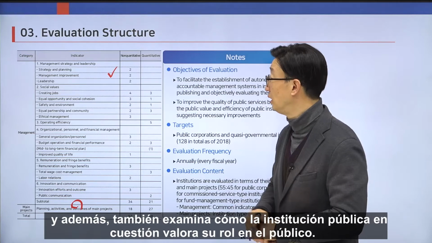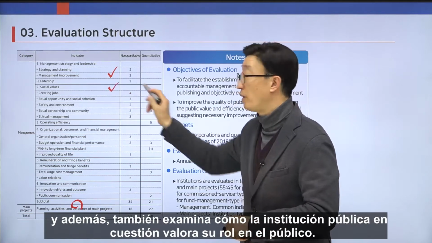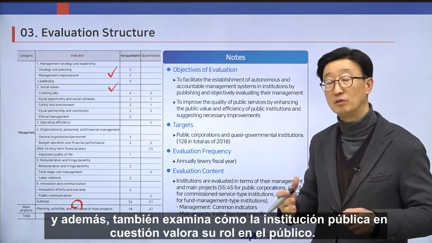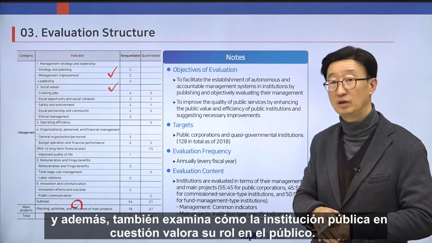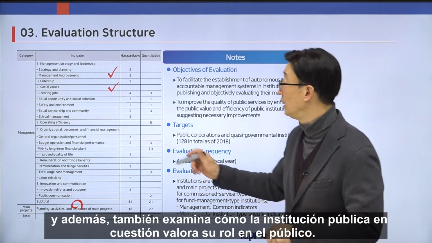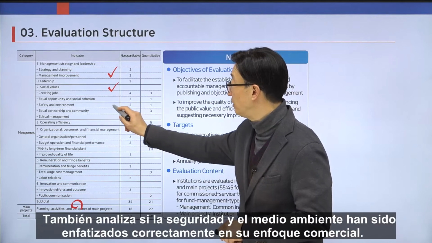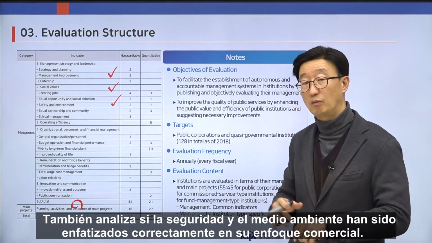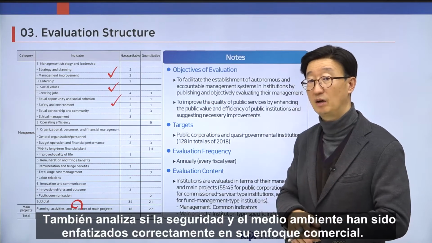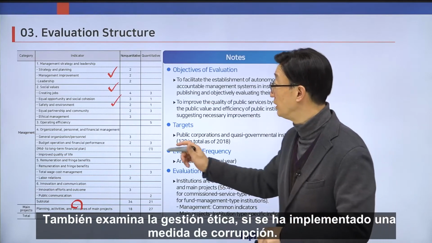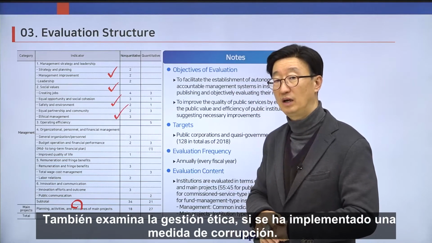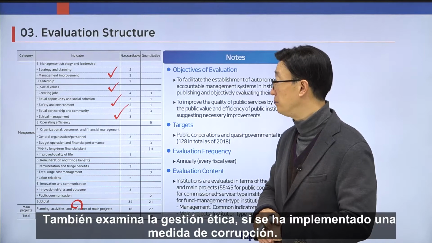It also examines how the public institution values its role in the public. It also looks into whether safety and environment have been emphasized in their approach to business. It also examines ethical management, whether anti-corruption measures have been implemented.